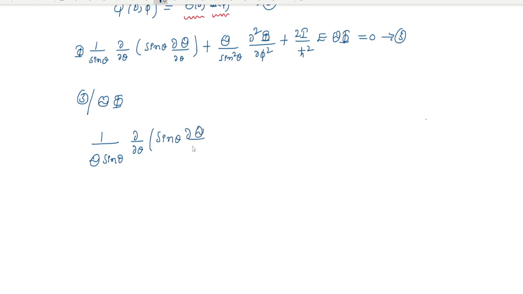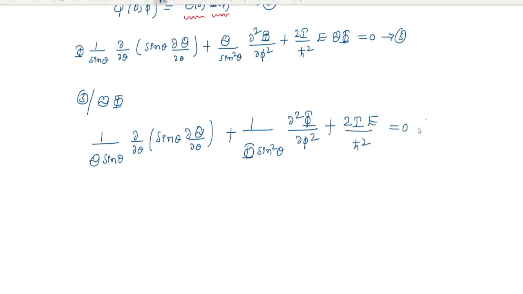So big theta divided by small theta plus, here theta gets cancelled, remaining term 1 divided by pi sine square theta, partial derivative of pi divided by dou pi square, plus theta and pi both are cancelled, remaining two terms: 2ie divided by h cross square equal to 0. This is equation number 4.